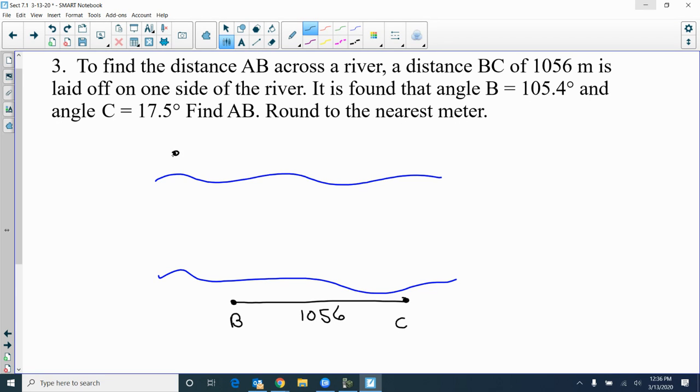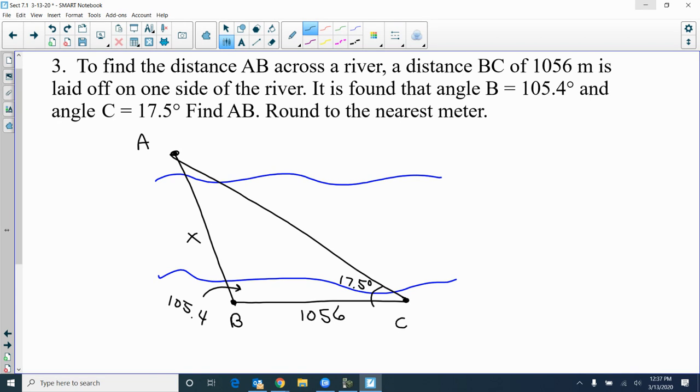You need to draw A at a little bit of an angle. Then that's 105.4, and angle C is 17.5 degrees, and I'm going to call AB x. It doesn't matter, just some variable. So there's your scenario. All you have to do is find the missing x in this case.